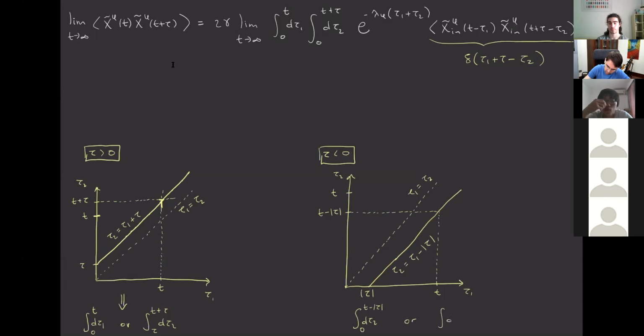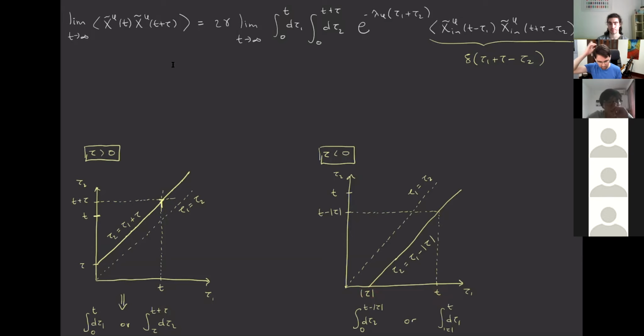Or again, you can do the integration in tau1, but now you see that the integration will go from absolute value of tau to t, okay? So in both cases, the integration domain is not a whole time t, but it's less than that. It's a time t minus absolute value of tau, okay?